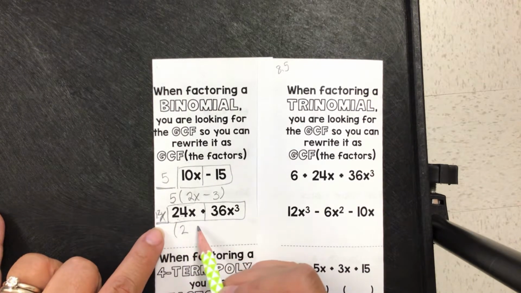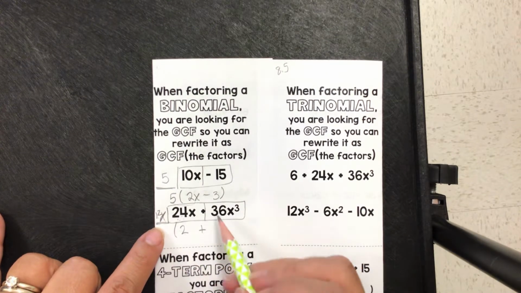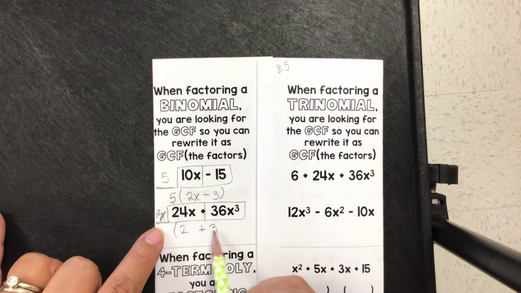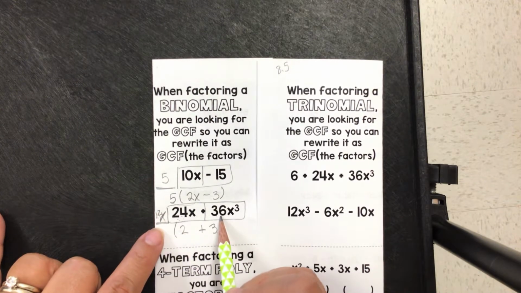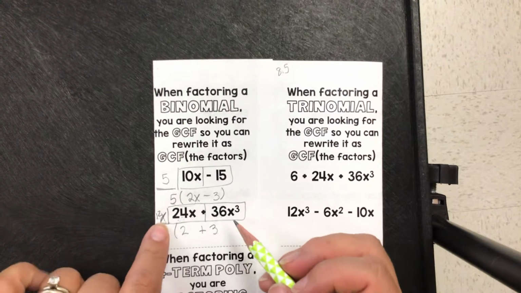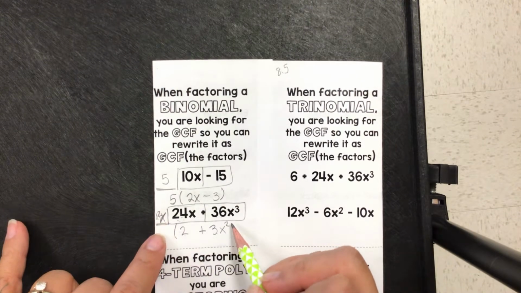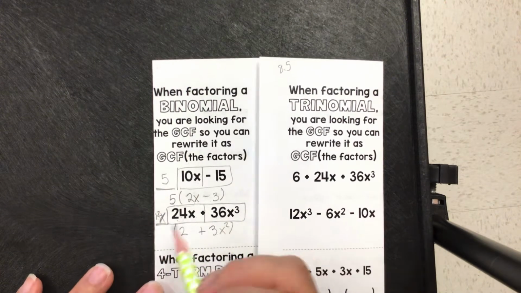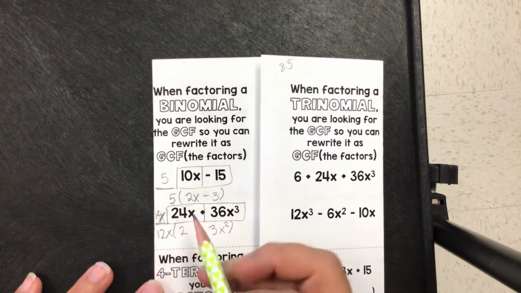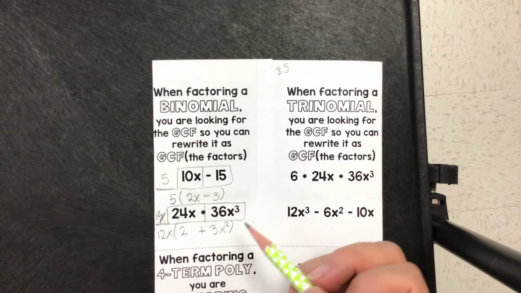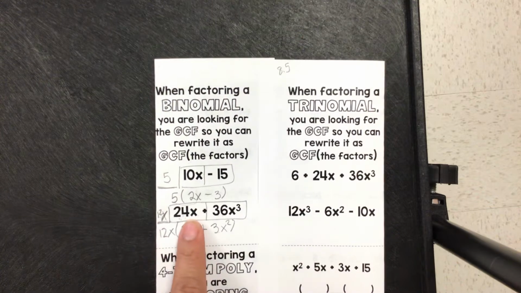And with the x, I don't need anything else. And 3 times 12 is going to give me that 36. But I already pulled out an x, that means that this one would have to be 3x squared. That means that 12x times 2 plus 3x squared is going to be the same answer as 24x plus 36x cubed.